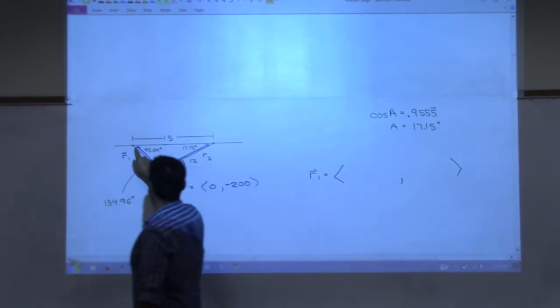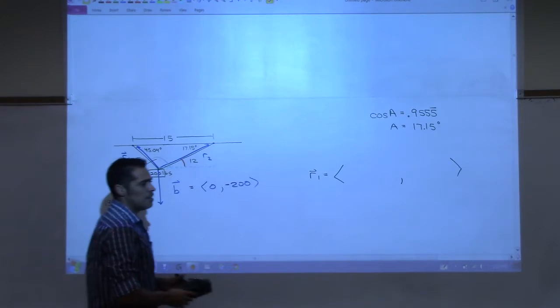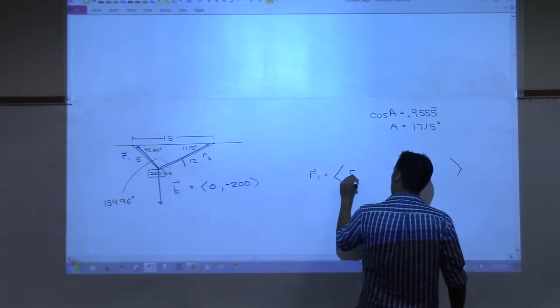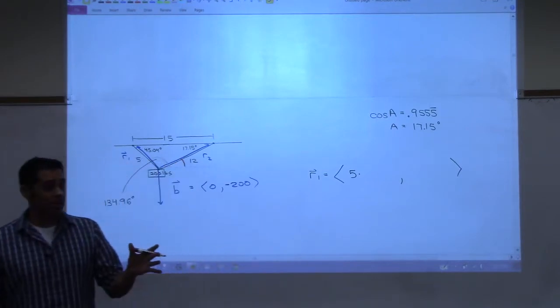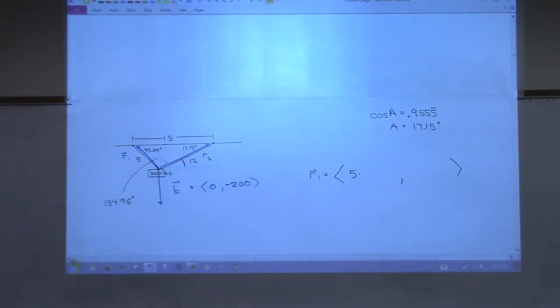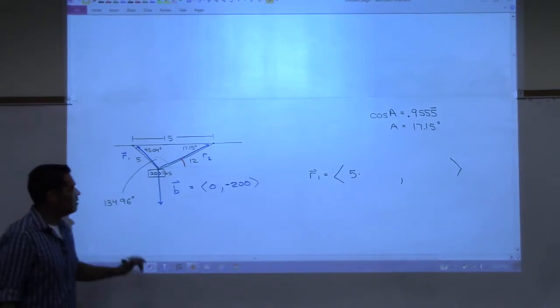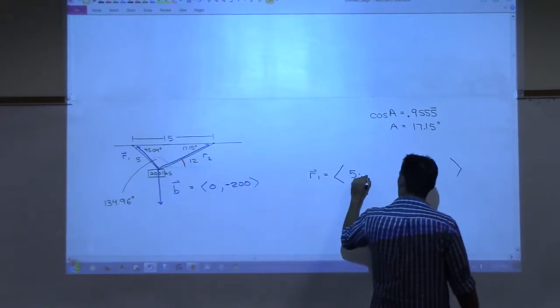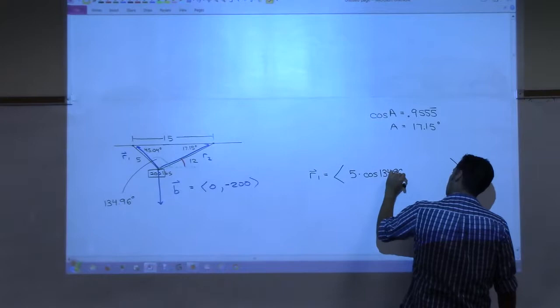What's the length of this vector? 5 times cosine of 134.96 degrees.